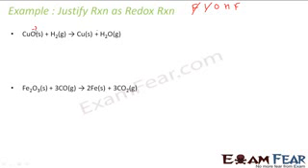Oxygen is -2, so Cu becomes +2. You know why? Because the overall has to be 0. Copper is 0 because it is free. In H2O, O is -2, and H becomes +1, because the overall has to be 0.